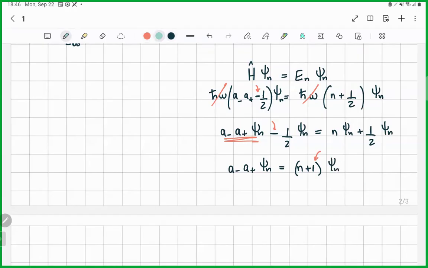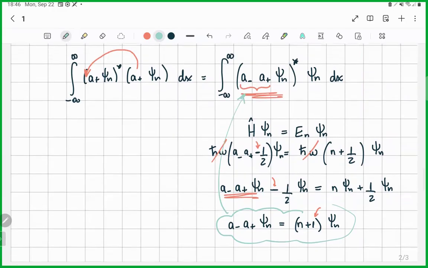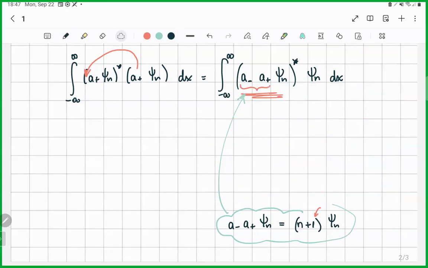So this is what we are going to use above. All right. So the right side of this equation now becomes n plus 1, which is a constant, so I'm going to put it outside the integral.